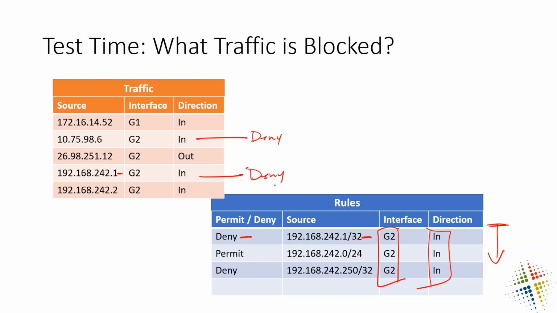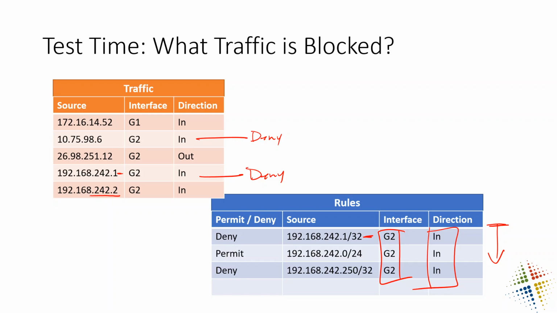Let's look at our very last source of traffic, 192.168.242.2. All right. Interface G2, that is correct. It is inbound, that is correct. So this access list will apply to it. We start off with 242.1, that is not our source.